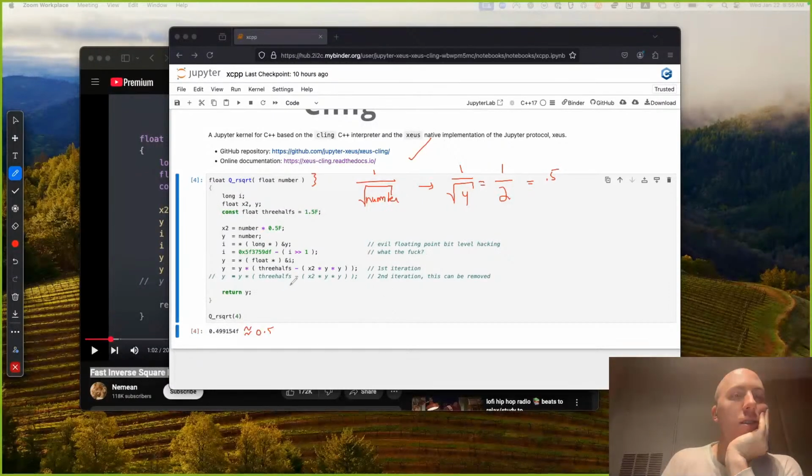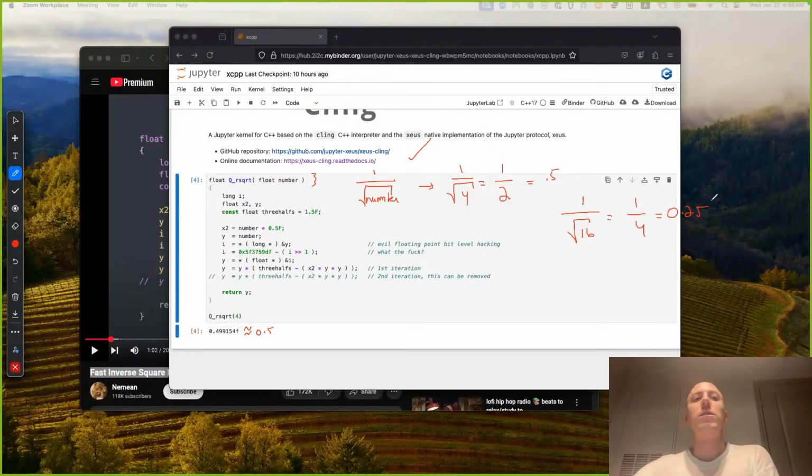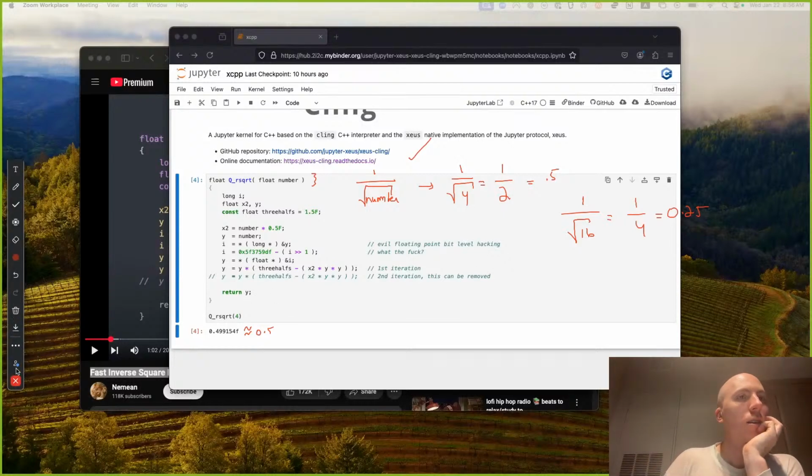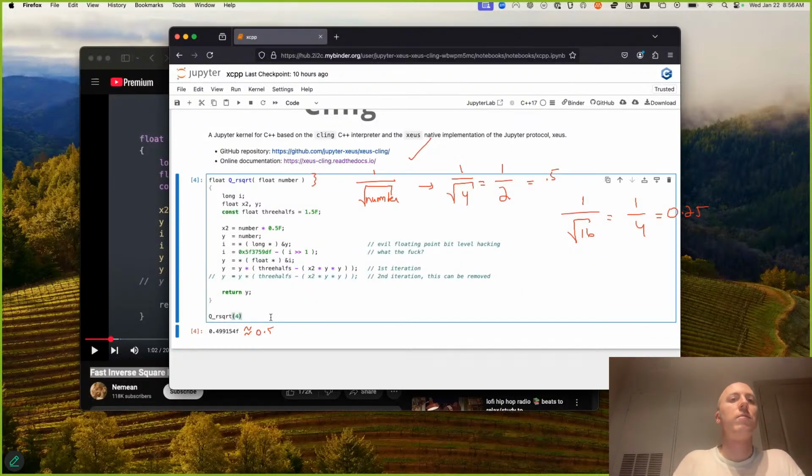And so what would be the next thing? If we do the inverse square root of 16, 1 over the square root of 16, 0.25. See how close this thing gets.